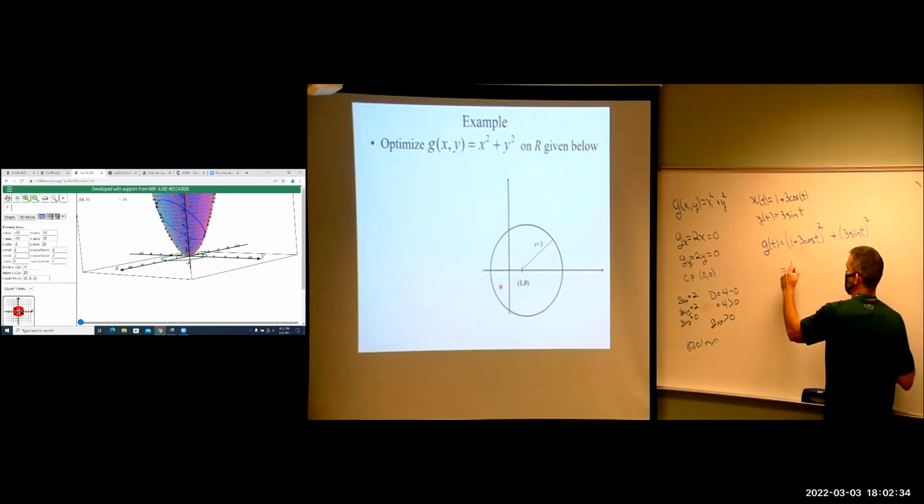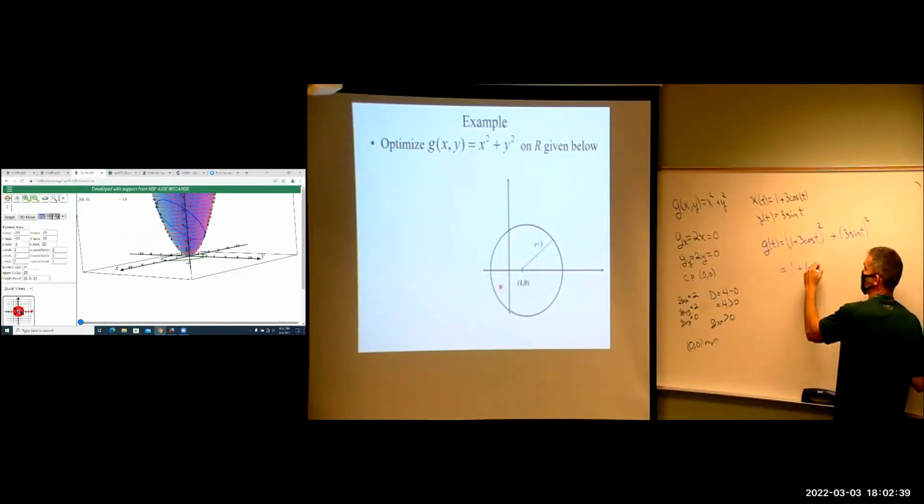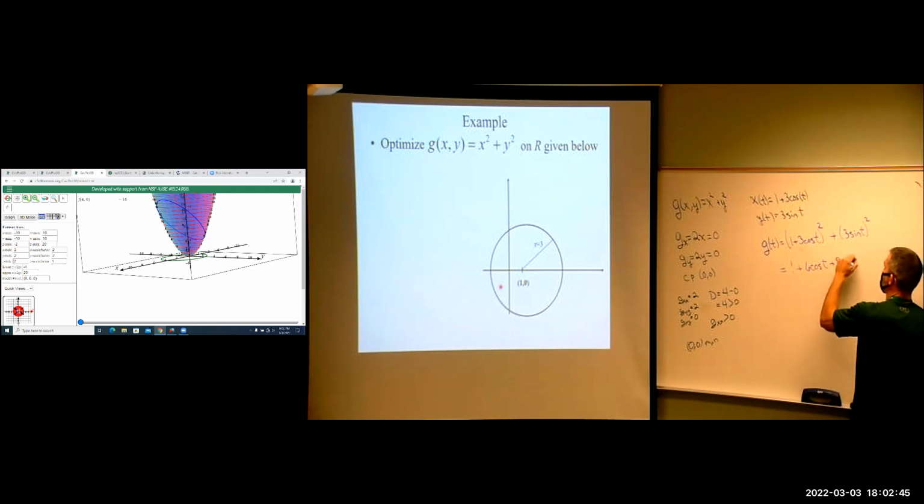We'll multiply this out, which is 1 plus 6. This has to be FOIL. You can't distribute the square. Remember that. 1 plus 6 cosine t plus 9 cosine squared t plus 9 sine squared t.